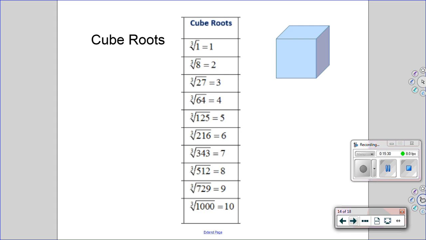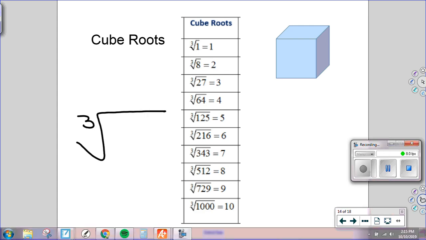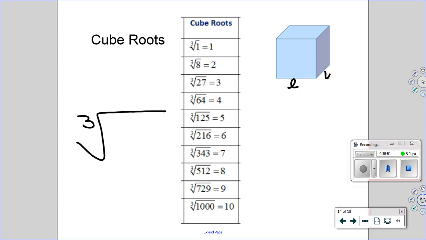Next, we're moving on to cube roots. Unfortunately, we do not have the cube roots on the reference sheet we gave you, but you do need to know these first 10 cube roots. So please write these in your notes. The cube root symbol has the 3 and then the radical sign. You could think of it like a cube. If you wanted to find the volume of a cube, you have to do length times width times height.